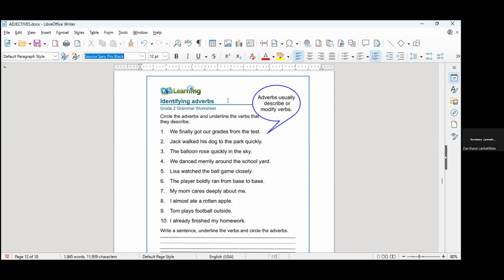So you can send the answers in chat, okay? I give you a few minutes to do this activity. Ten activities are there. If you get the answers, you can send in chat, okay? Right, I give you a few minutes for the activity.